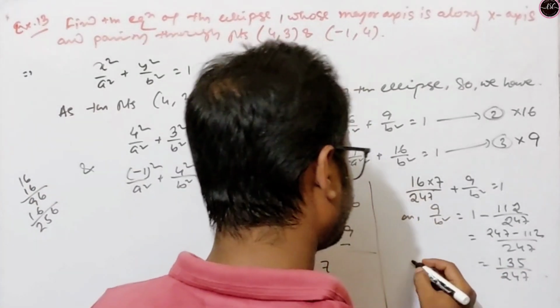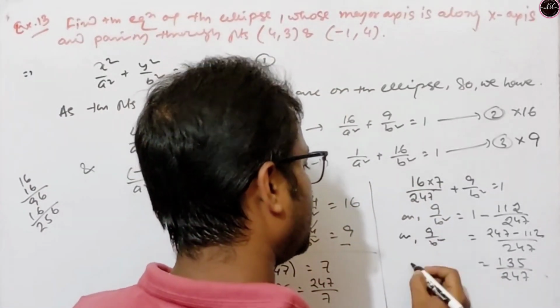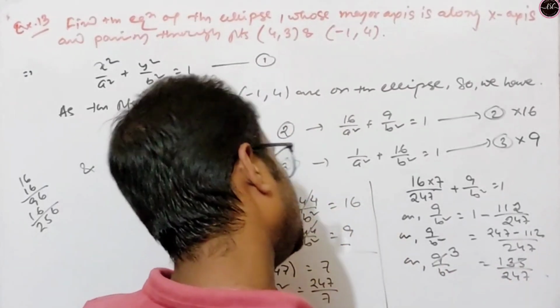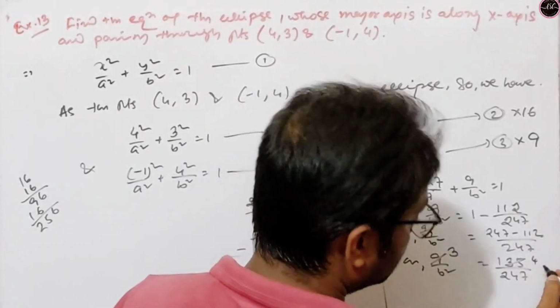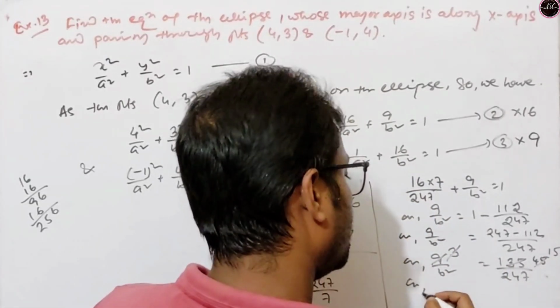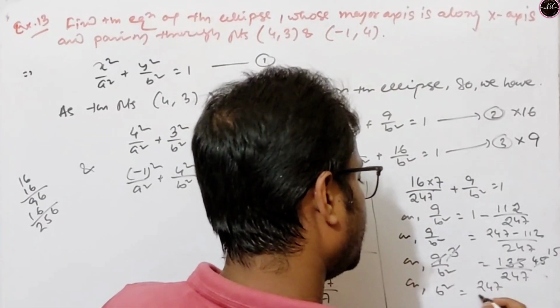So 9 by b square, just divide this with 9, or b square equal to 247 divided by 15.